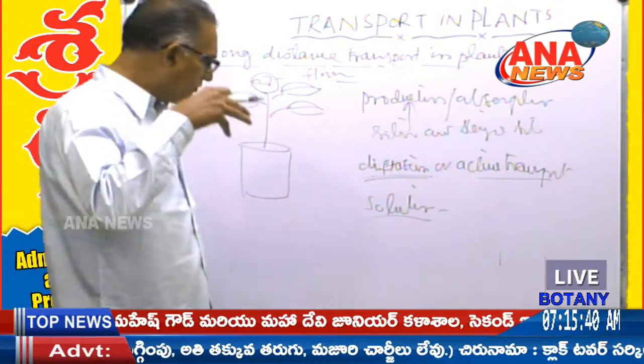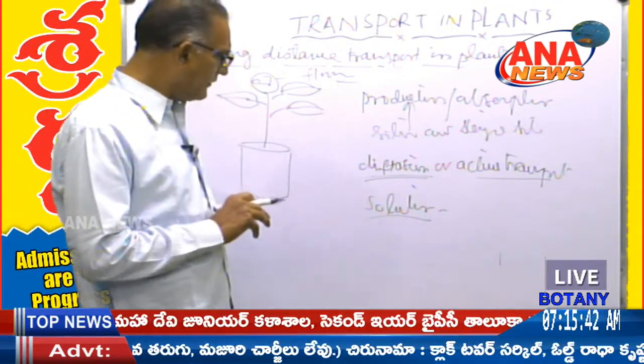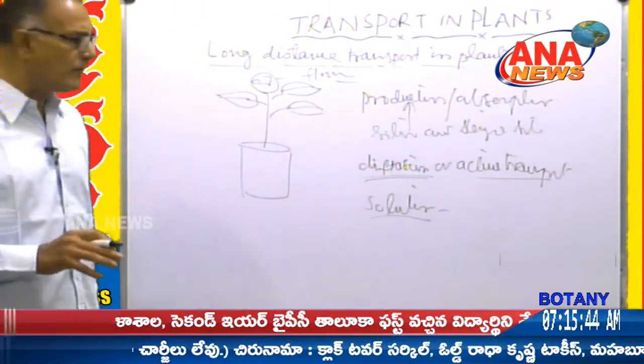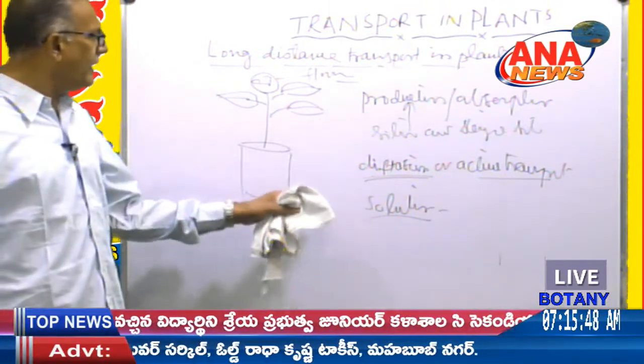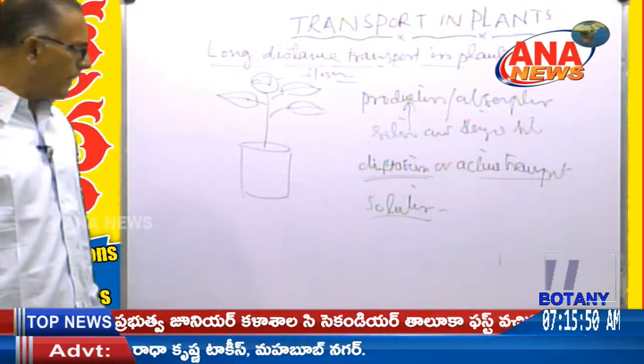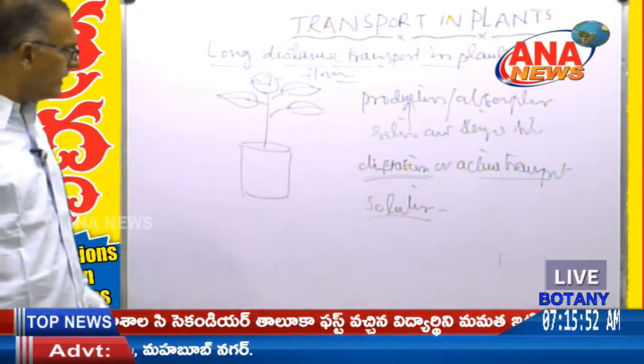Thus, the substances move as bulk flow or en masse in long distance transport in plants.